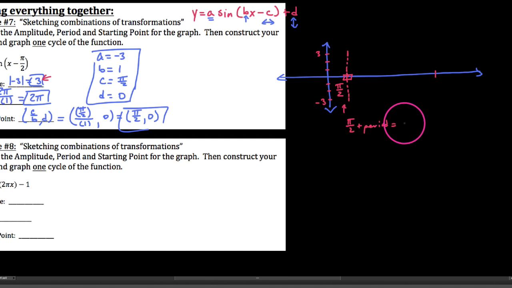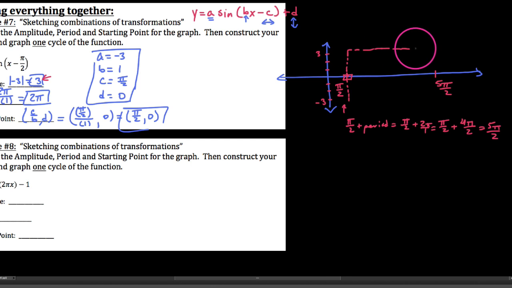So our period length in this case is pi halves plus 2 pi. Because 2 pi wholes is the same thing as 4 pi halves, we get pi halves plus 4 pi halves, which is really just 5 pi halves. So we're going to say that this final x value here is 5 pi halves. We must label this one. We're going to extend our frame out to here and then set up the partitions in our frame.